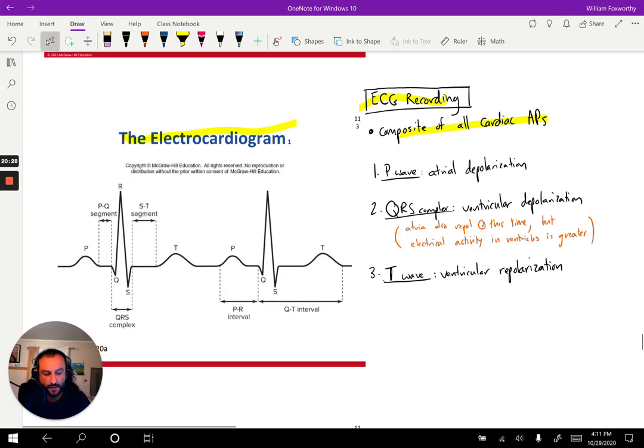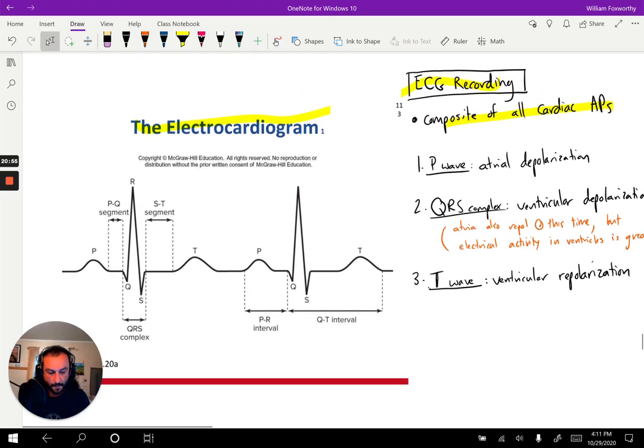Sometimes the activity in these composite traces looks weird. It also depends on whether electrical activity is moving towards or away from your electrode. So you're not always going to see it having the same kind of shape as an action potential, even though it is showing you a bunch of action potentials happening in your cardiac tissue.